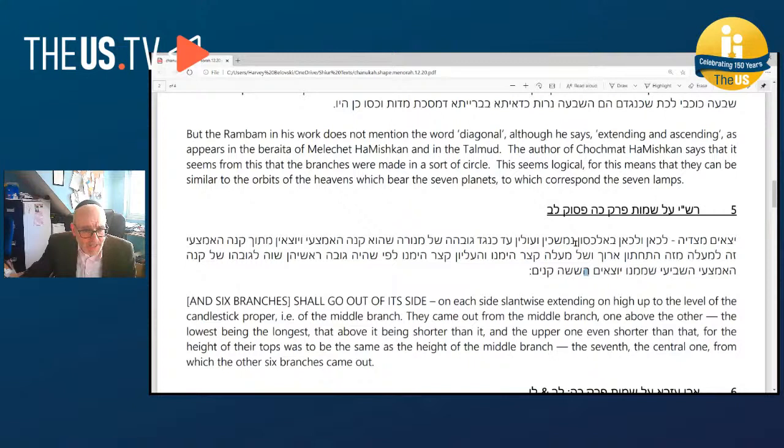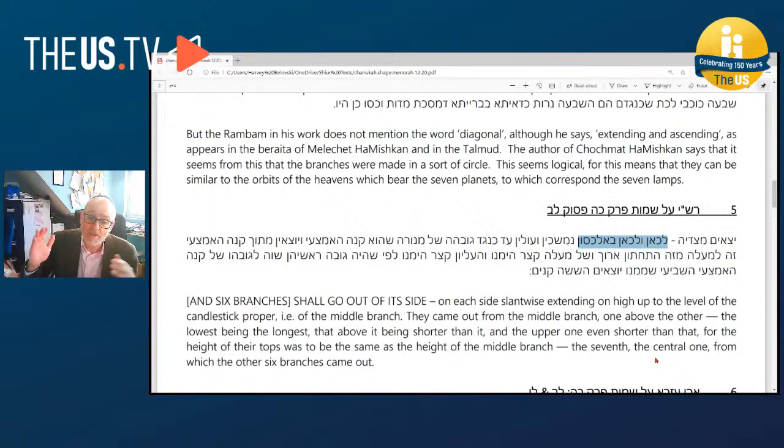Lekan or lekan ba'al-chsoin. On each side, al-chsoin means slanting, slantwise or diagonally. They would ascend until they were equal in height to the central shaft. This is the key point. It would appear that Rashi validates the Rambam's understanding of the way the branches were to rise.